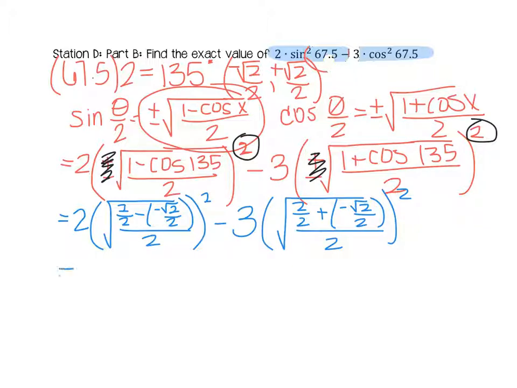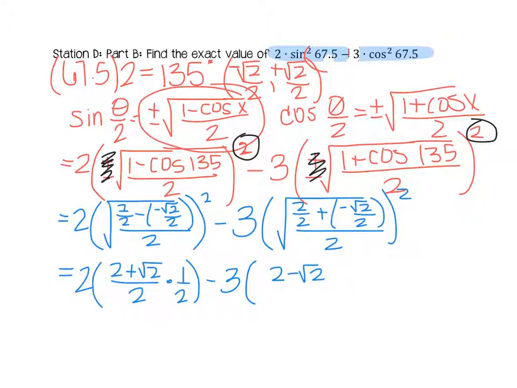All right, so my next line is going to be to go ahead and combine some things, and at the same time I'm also going to get rid of that root. So I'm going to close this parentheses, and that's going to be 2 plus root 2 over 2, and I'm going to multiply by 1/2, because multiplying by 1/2 is the same thing as dividing by 2, minus 3, and I've got 2 minus root 2 over 2 times 1/2.